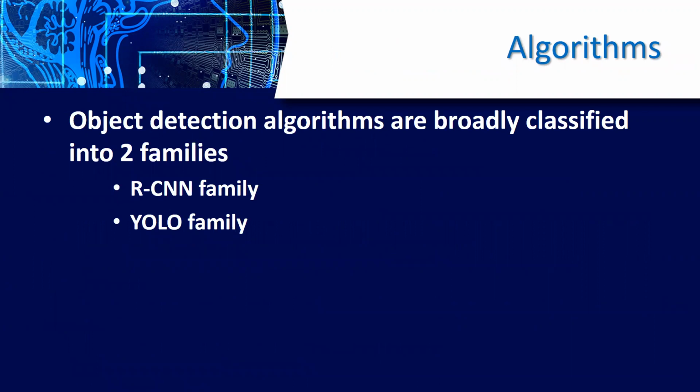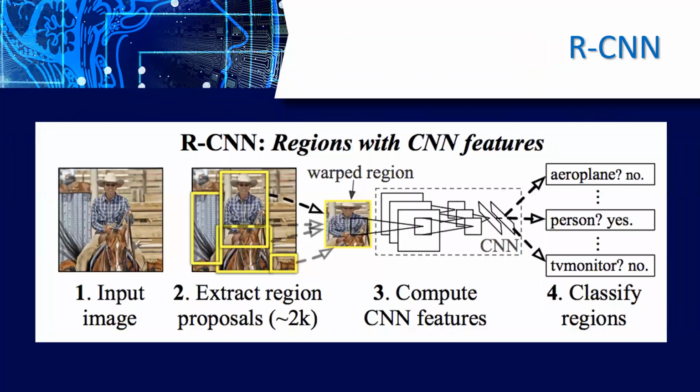Coming to algorithms for image object detection, we have the CNN family, specifically the regional CNN family, and the YOLO family, You Only Look Once. RCNN is a very good one, but it is very slow, and it concentrates on only one particular area of the image.